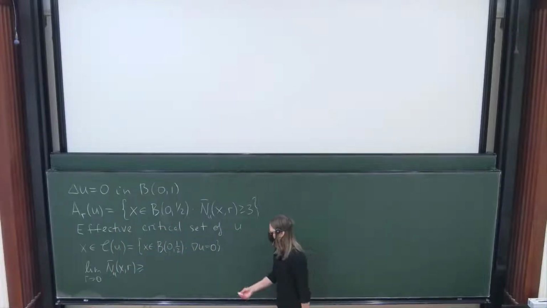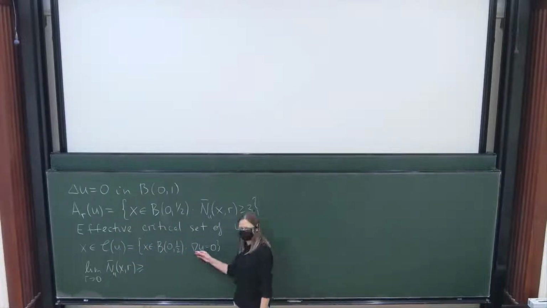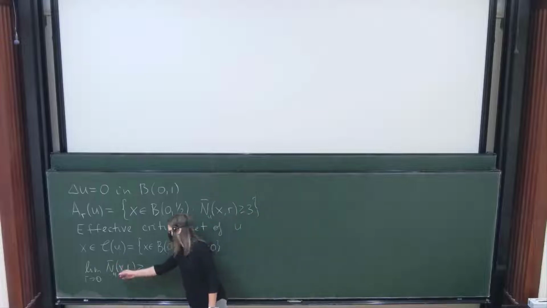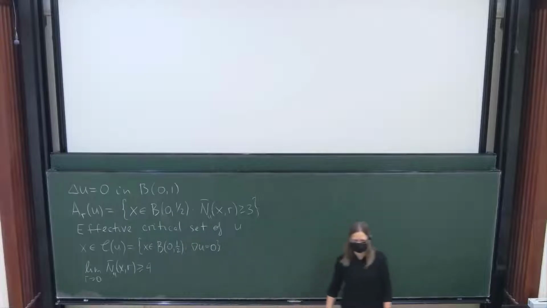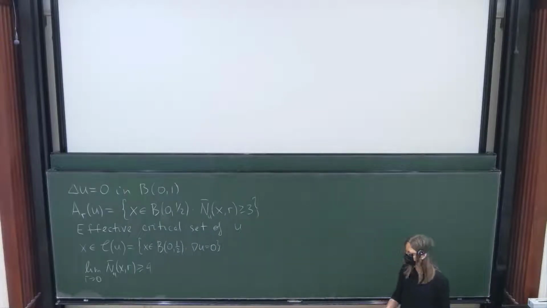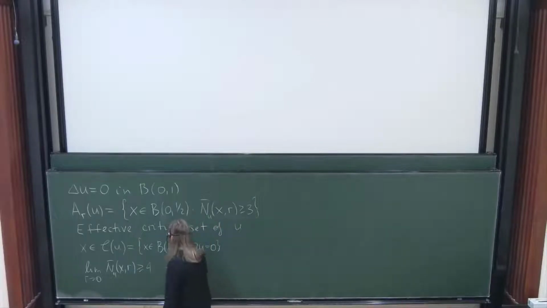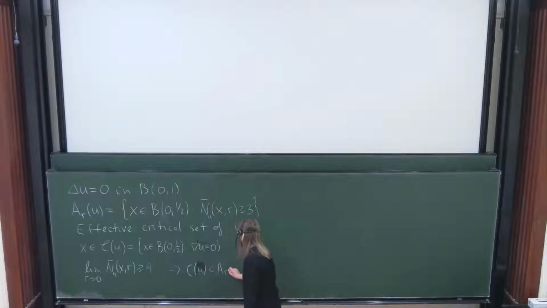We subtract the constant part, the linear part is 0, so the first term is at least quadratic, and in my notation frequency is 2 times the vanishing order. So the critical set is definitely inside the effective critical set.